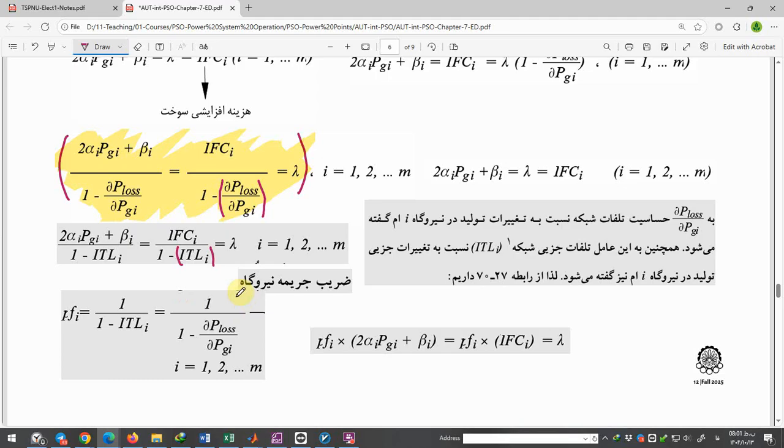ITL is the partial loss of networks. ITL is round P loss, as a function of each active power generated by generators, over round PGi.